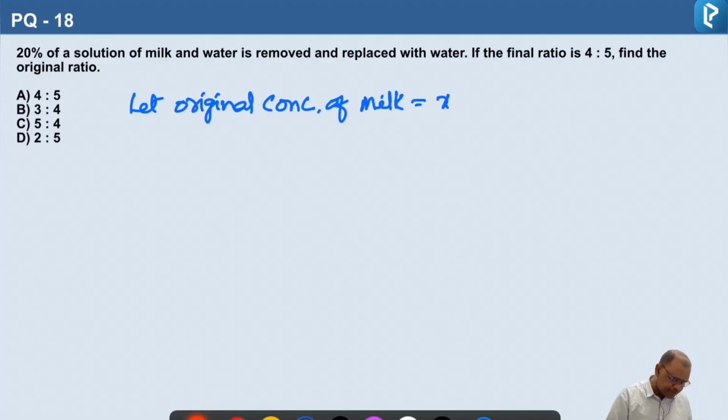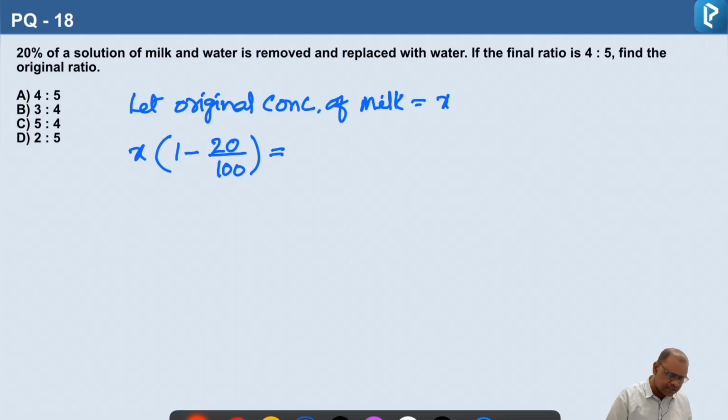From this, 20% is removed and replaced with water. So according to the formula, X into 1 minus 20% of solution removed, that is 20 by 100.